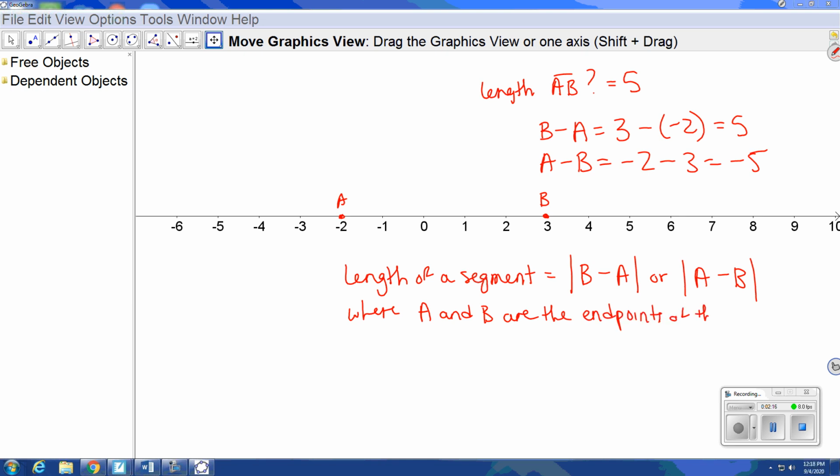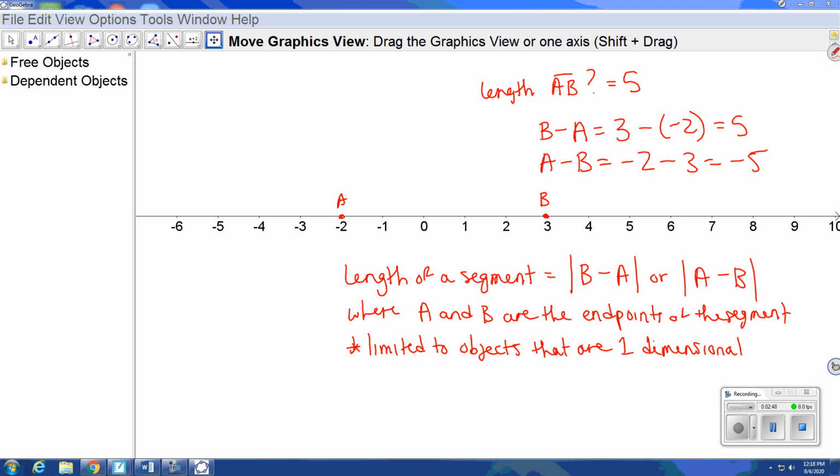of the segment. Now, this formula is strictly limited to objects that are one-dimensional. Once we enter a two-dimensional plane, the way we calculate the length between two segments is going to encompass a few more steps.